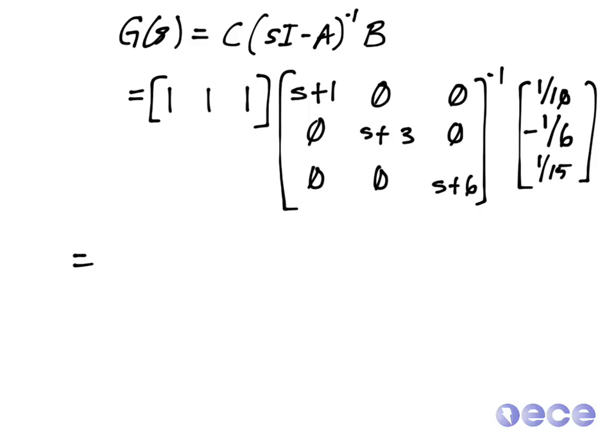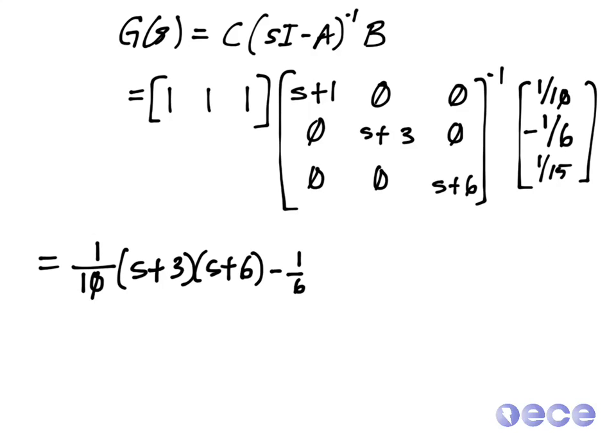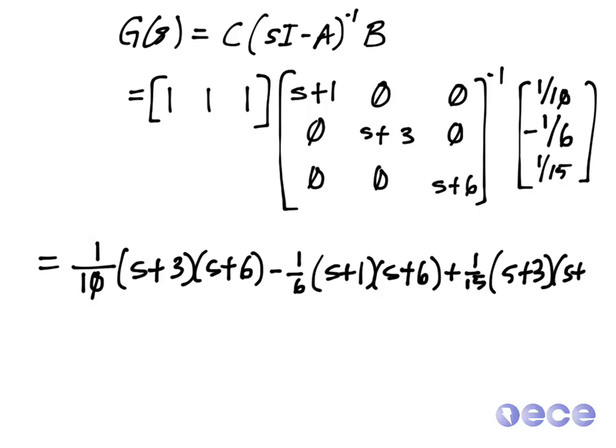So the final value, after we multiply all the pieces together, if you're wondering about your linear algebra, go ahead and press pause again until you can show this for yourself. So we end up with 1/10 times (s plus 3)(s plus 6), minus 1/6 times (s plus 1)(s plus 6), plus 1/15 times (s plus 3)(s plus 1).